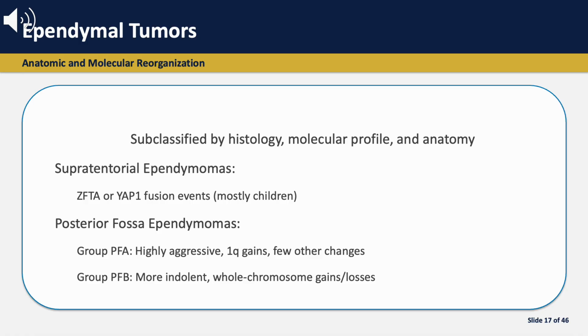Posterior fossa tumors fall primarily into two molecular subgroups. The posterior fossa A subgroup is highly aggressive and characterized by recurrent gains of chromosome 1q, but relatively few other genomic changes. The posterior fossa B subgroup, by contrast, usually shows whole chromosome gains and losses and is significantly more indolent.